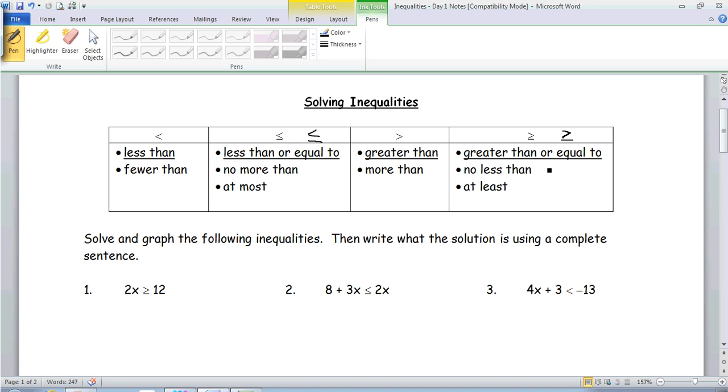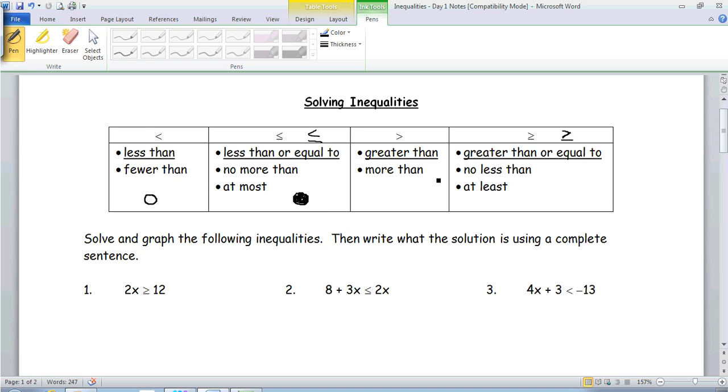And let me show you how we will represent these on a number line. Less than, we will put in an open circle. For less than or equal to, in fact, anything that has an equal to sign, we're going to start with the open circle and then fill it in so that it's a dot.